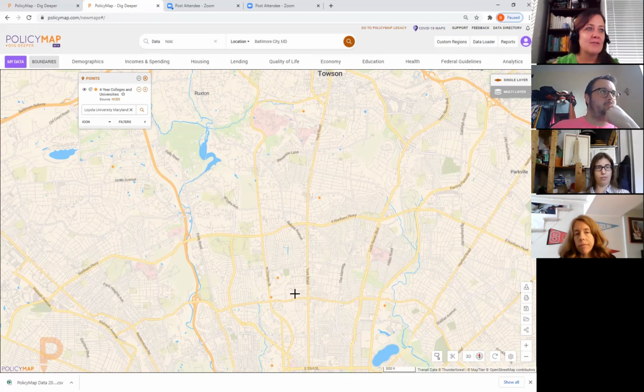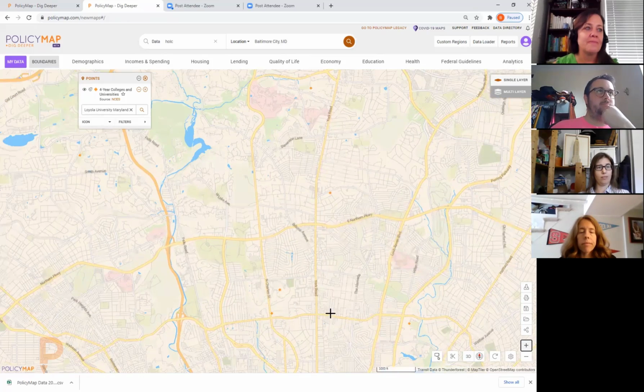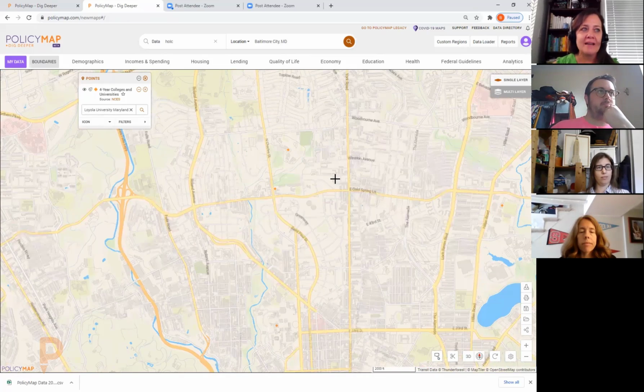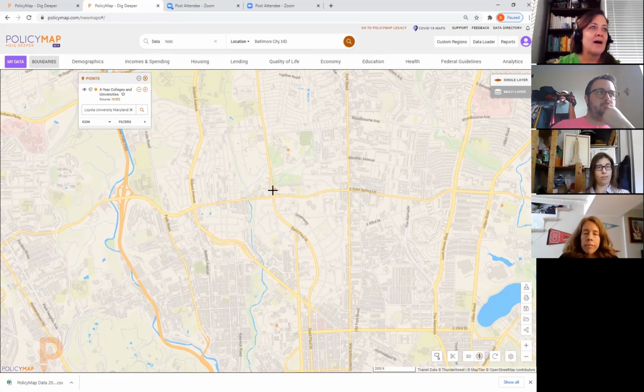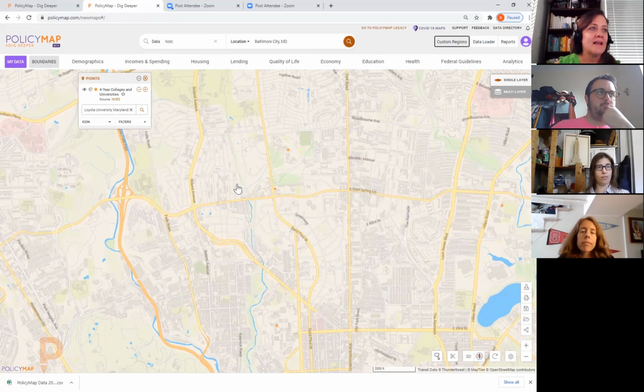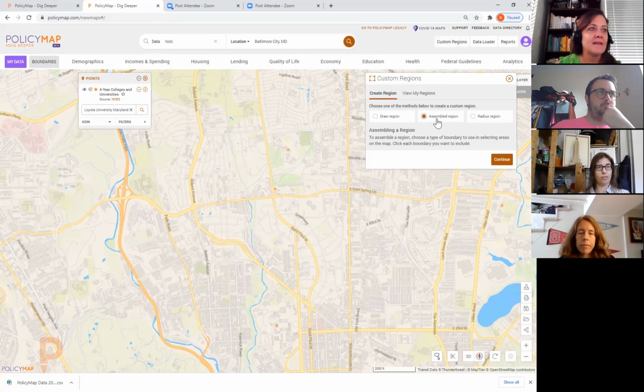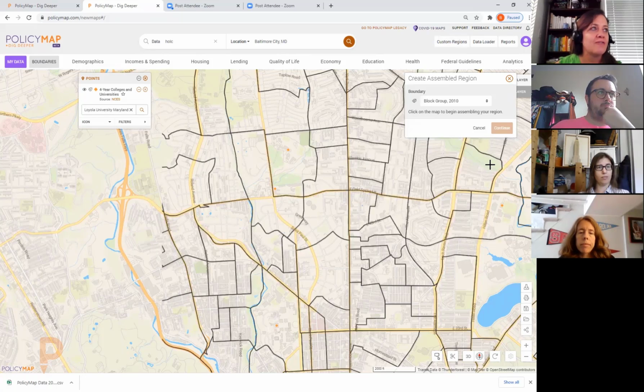But it was also important, once you had an area of interest that you were looking at, to be able to create these custom regions and find information about these regions. So I can go in and create a custom region and assemble it based on any geography that I want.